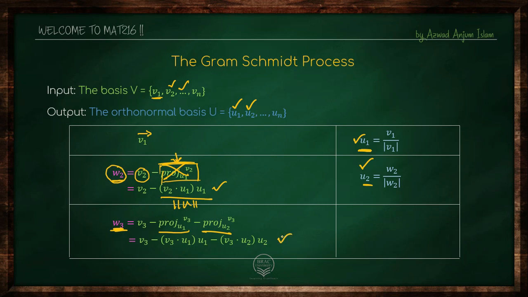So if you calculate that, you get w3, which is orthogonal to both of these vectors. The only step remaining is to make it orthonormal, and we can do that by dividing it by its own length. So we get u3, and so on.